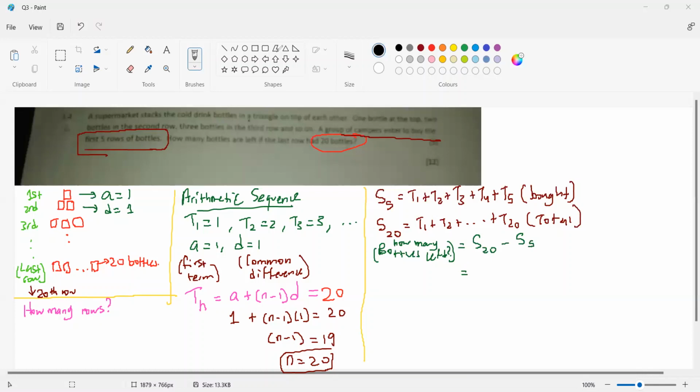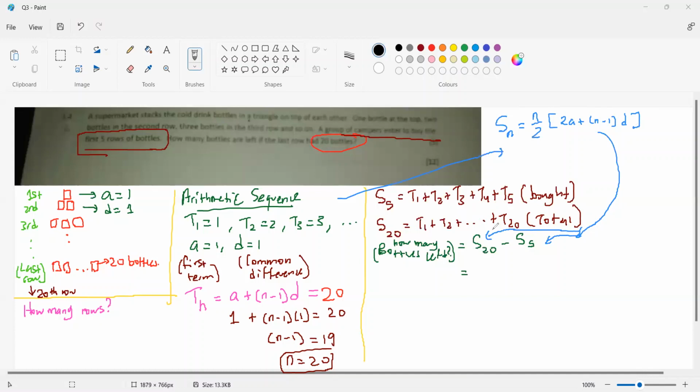Now let's think of the formula. The formula for the sum of the first n terms of the arithmetic sequence is n over 2 times (2a plus (n minus 1)d). We're going to employ this formula twice, once for S20 and once for S5.